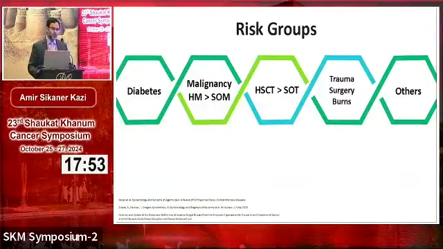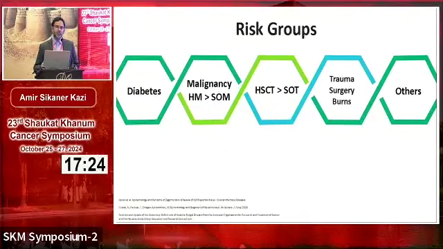So the risk groups for mucor, diabetes is of course a big one that has been kind of a global risk factor. And the challenge in Pakistan is that since we're leading in diabetes, we have been seeing more and more of mucor in our diabetic population. We are also now dealing with more malignancy and transplants in Pakistan. Within malignancy, it's more commonly found in hematologic malignancy over solid organ, and more in stem cell over solid organ transplant.